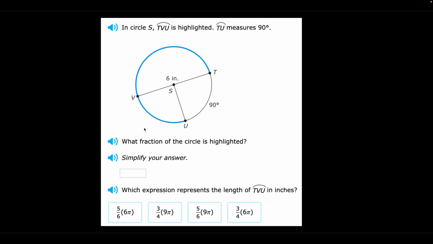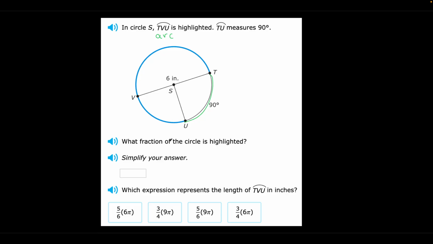Here we go. So for this problem, it says, in circle S, arc TVU is highlighted, so that's the blue there, and it says arc TU measures 90 degrees. So arc T to U, this is the 90. There are two questions. First question: what fraction of the circle is highlighted?